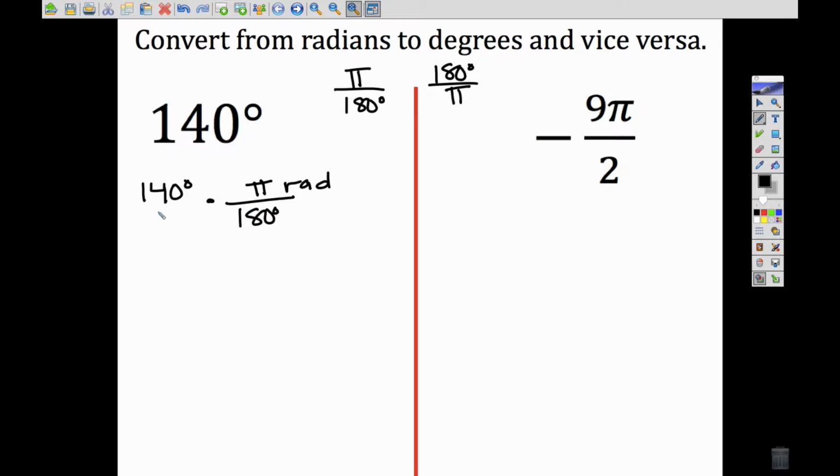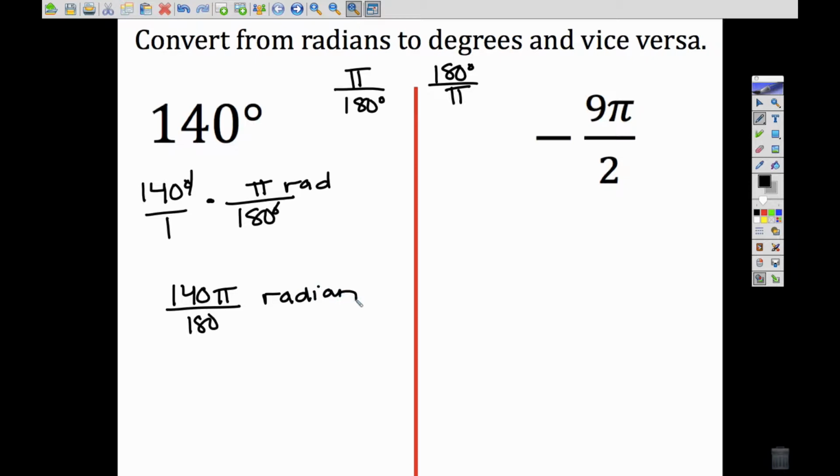Then I'm just multiplying these two numbers together, like multiplying fractions. First, I'm going to cancel out the degrees, and then I have 140 pi for the top, and 180 on the bottom. And then my unit is going to be radians.